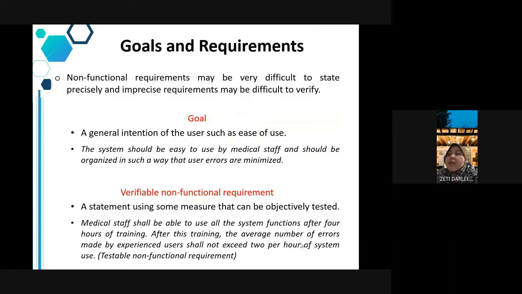Okay. Contohnya dekat sini goal, katakanlah goal, the statement that we have for the non-functional requirements adalah a general intention of the user such as ease of use. Maksudnya kita nak menggunakan sistem tu dalam keadaan yang mudah. Ease of use. The system should be easy to use by medical staff and should be organized in such a way that user errors are minimized.